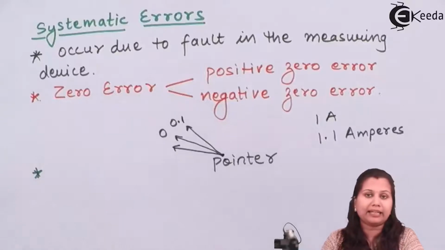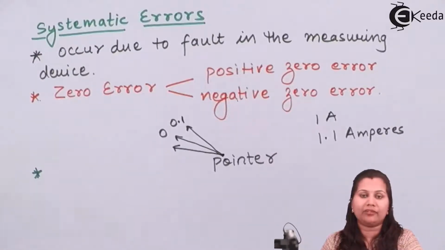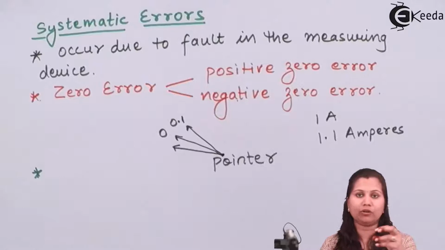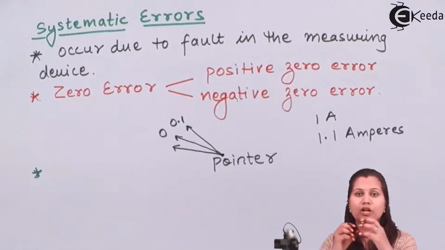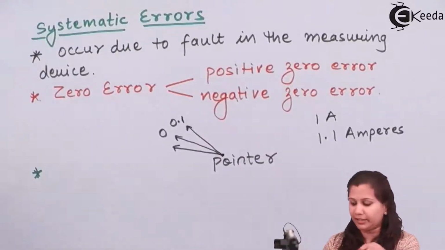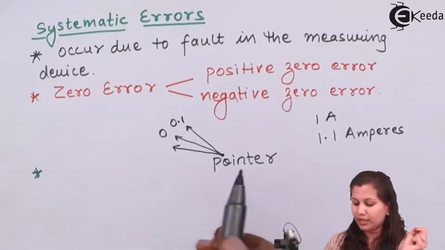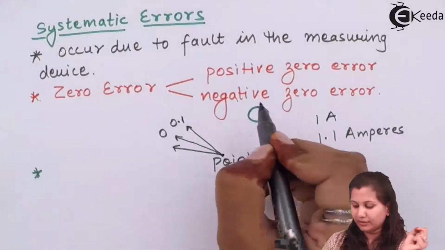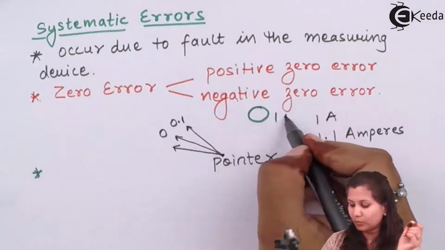Now these systematic errors can be eliminated by doing the calibration of the instrument. Calibration means that we are using a standard quantity whose value we already know. Then we measure that standard quantity with the instrument, and we calibrate or change the readings of the instrument so that the instrument reading is equal to the value of the standard quantity. Suppose we know that the current flowing through a particular circuit is 1 ampere.